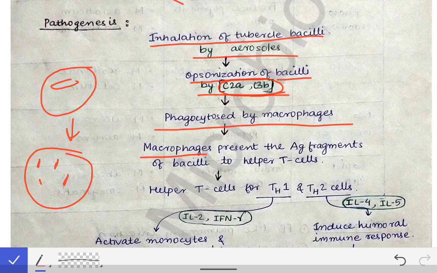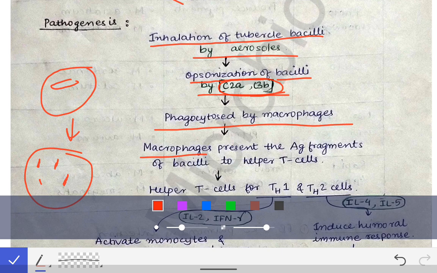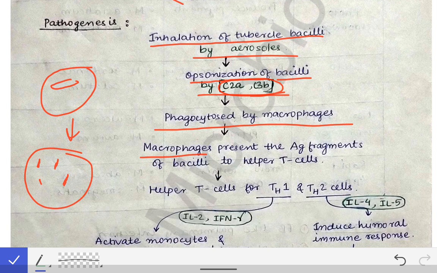And then what happens after that? It expresses these bacterial fragments over its surface in this way. This is one antigenic fragment, this is another antigenic fragment, this is another. So it is expressing these fragments over its surface. And to whom does it express them? It expresses them to the T cells.